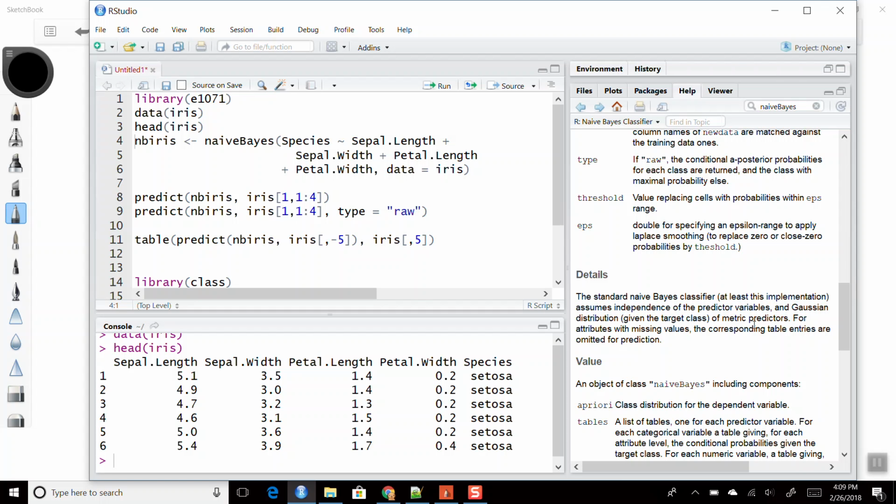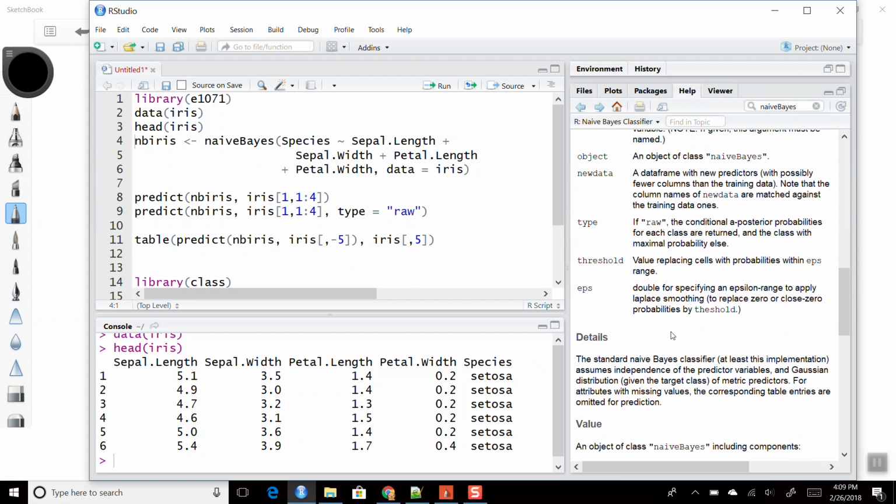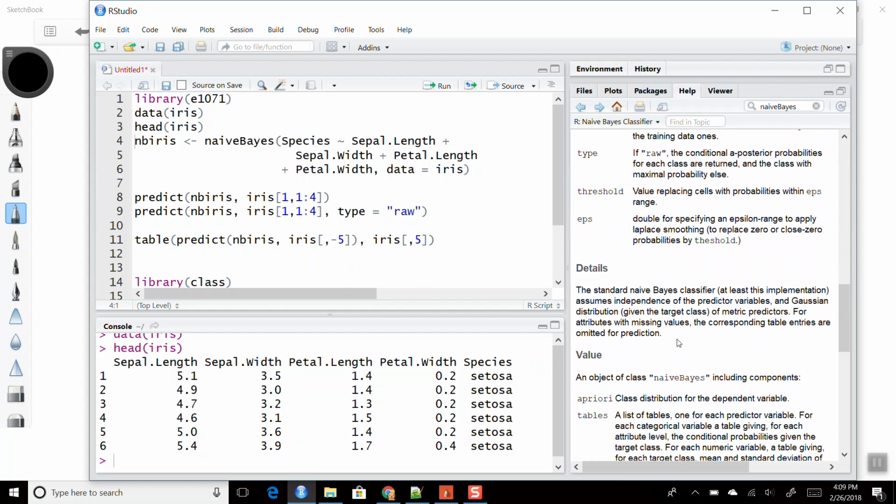So this is basically fitting a series of normal distributions for each numeric variable, which is often what we do in many situations, but in some cases you might believe the numeric distribution not to be Gaussian, and in this case the naive Bayes function is not appropriate. But this is basically what you are tasked to do.